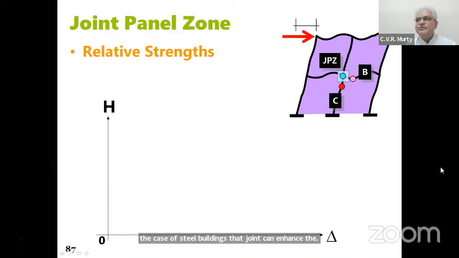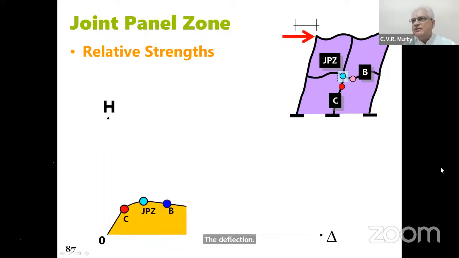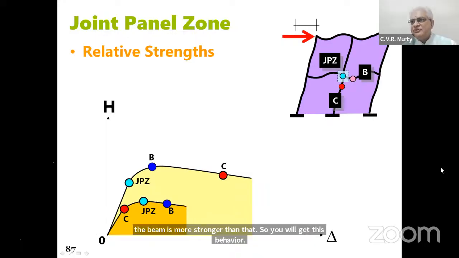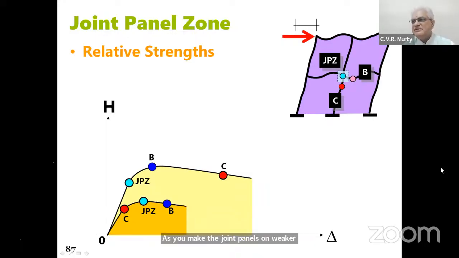So depending on how you have designed, here is the case where column is the weakest, the panel zone is stronger than that, and the beam is more stronger than that. So you will get this behavior. As you make the joint panel zone weaker, and the beam is next and the column is next, you will get this.